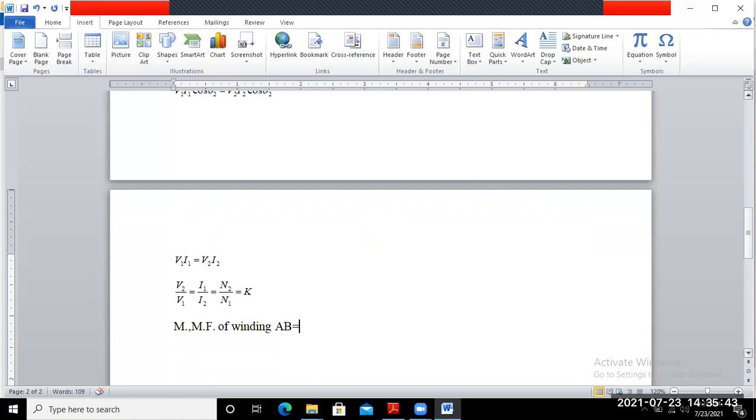The number of turns in AB is N1 minus N2, as you can observe from the figure.